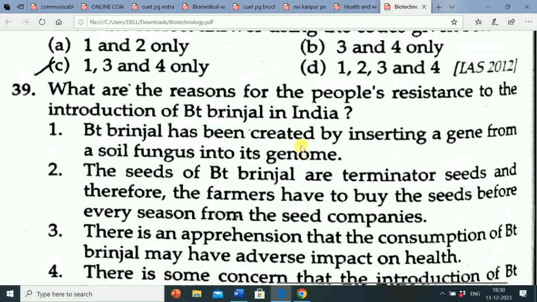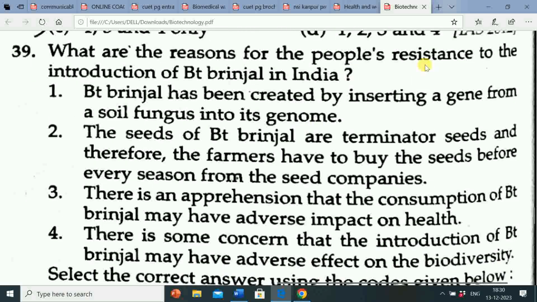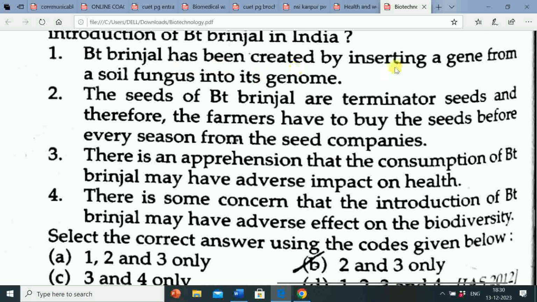Next question is, what are the reasons for the people's resistance to the introduction of BT brinjal in India? First statement, BT brinjal has been created by inserting a gene from a soil fungus into its genome.